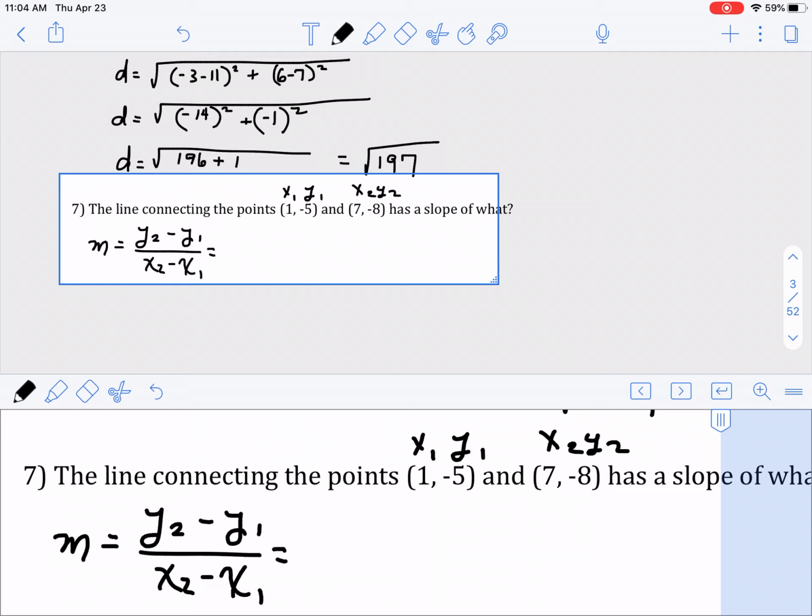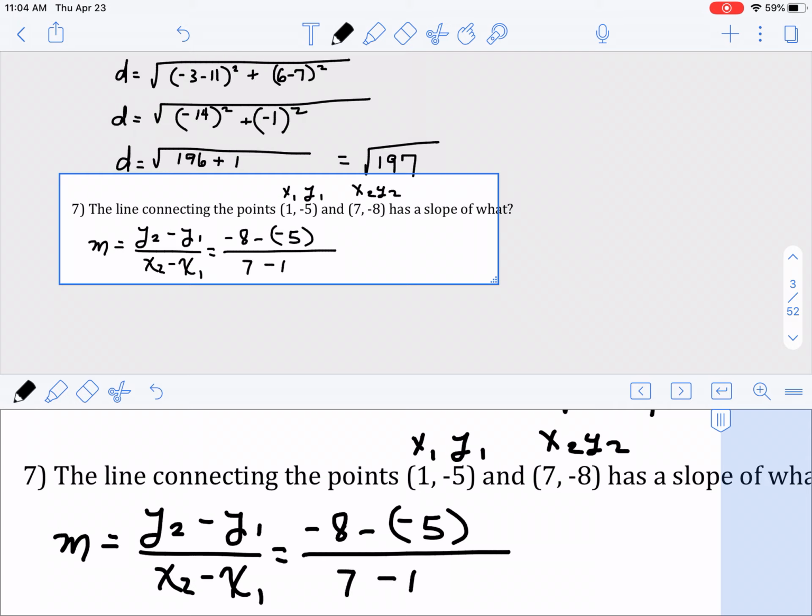Okay, so my y's are -8 minus -5, and my x's are 7 minus 1. Okay, so this becomes -3 over 6, -1/2. Okay.